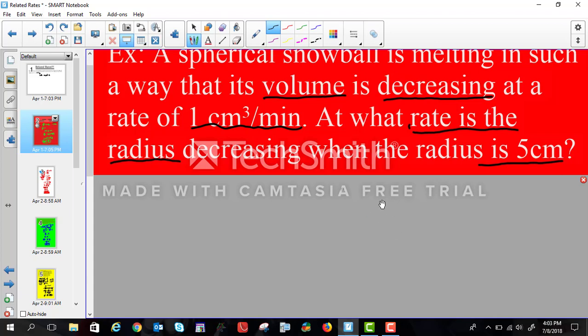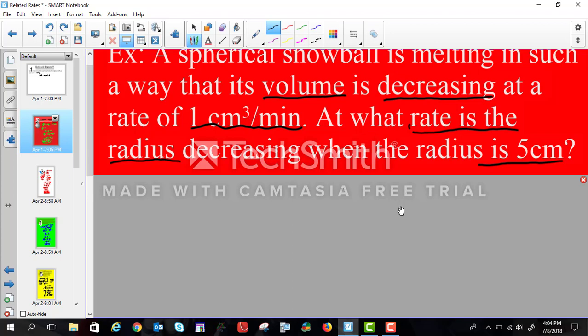It might not be given as a radius, it might be given as a height, it might be given as a particular volume, but it's always going to give you a particular time or place or value at which we're talking. Because as the snowball melts, the rate at which the radius decreases is going to be different if the volume continues to decrease at 1 cubic centimeter per minute when the radius is really big versus when the radius was really small.